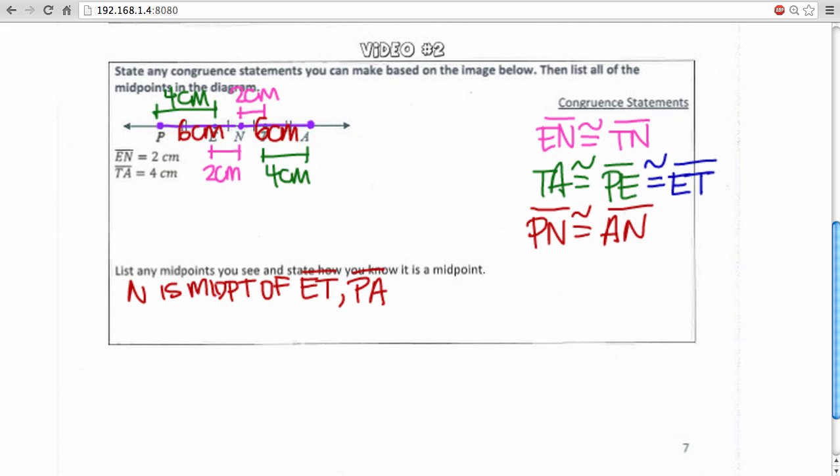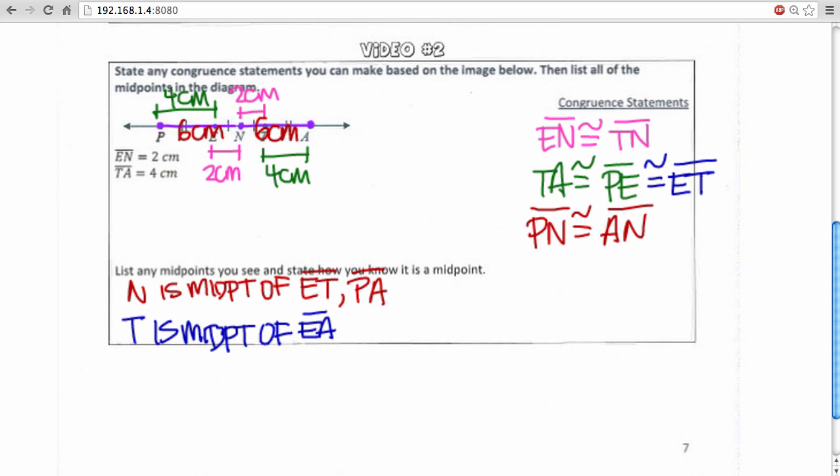Because segment ET is 4 centimeters and AT is 4 centimeters, we can say that point T is the midpoint of segment EA.